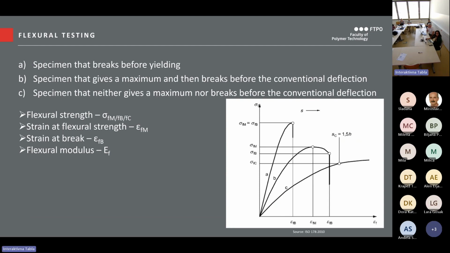Also with flexural tests, we have some characteristic curves. There are 3 in comparison with 4 for the tensile test, because we cannot measure really flexible samples. We have a type A curve which represents a specimen that breaks actually before yielding.